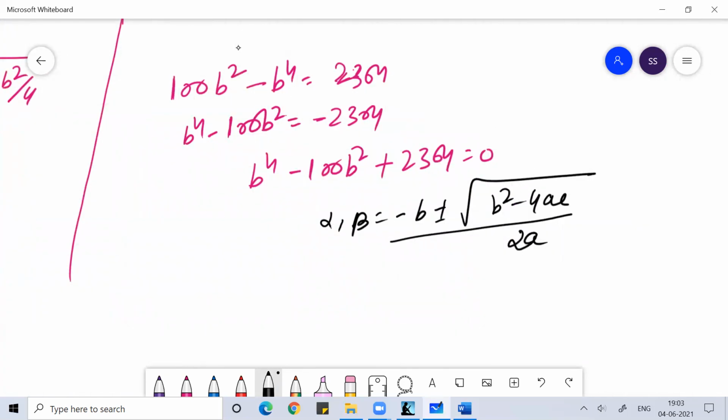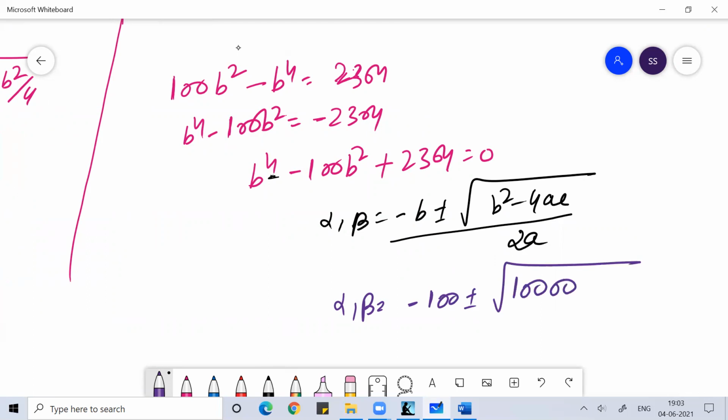This is biquadratic, so you will get 4 values of b because the maximum power of b is 4. So we get b squared equal to 100 plus or minus the square root of 100 squared minus 2304 into 4, which is 9216, divided by 2a.